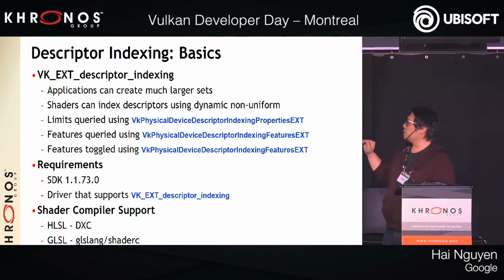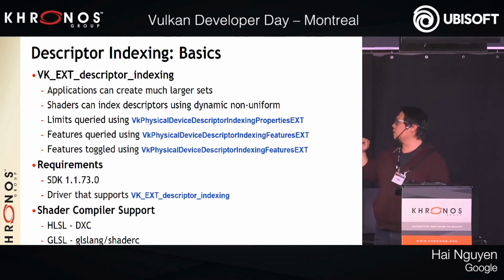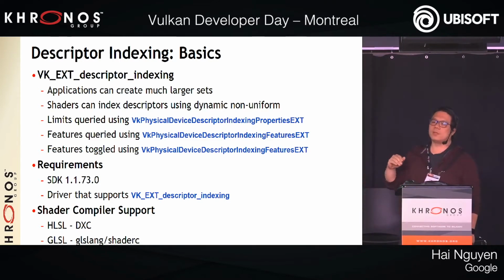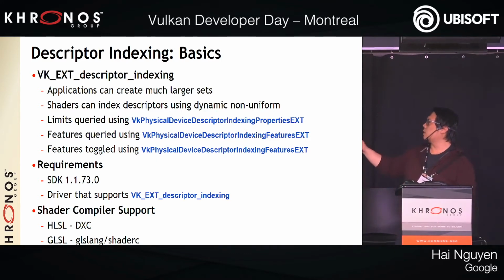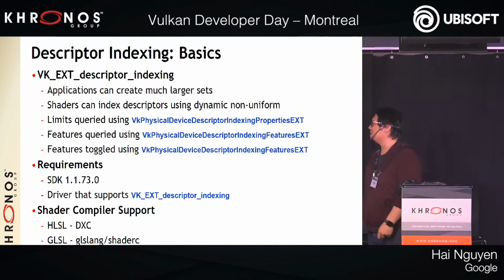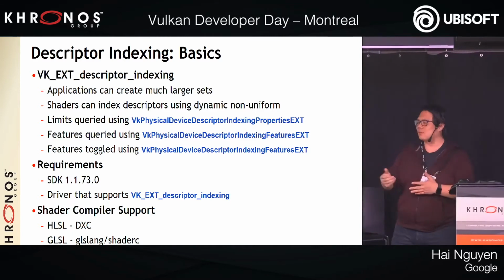You can query the limits by using this struct when you're doing the get physical device properties, and you can also query the features and toggle them. I'm sorry, these structs are incredibly long, and I can't even say them properly, so I'm not going to try. Thank you, spec writers. But essentially, these two right here, you pass one into create device and the other into get physical device properties or features, and it tells you what the device is capable of.